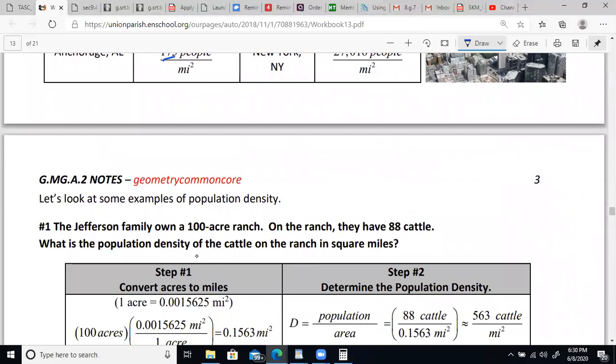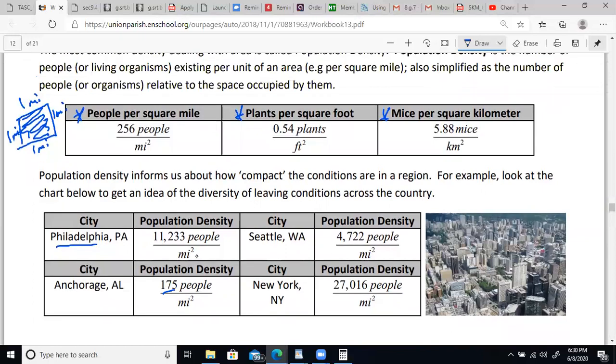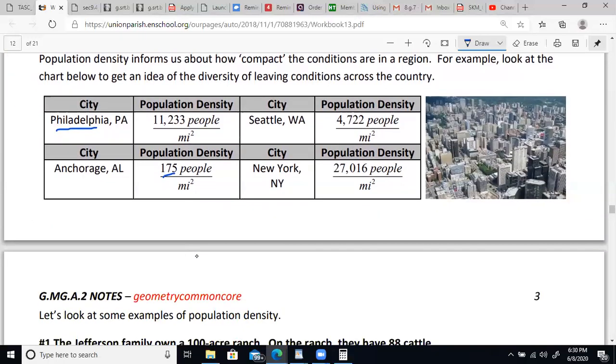Sometimes they could tell you how many people live there and then give you the area of the city.